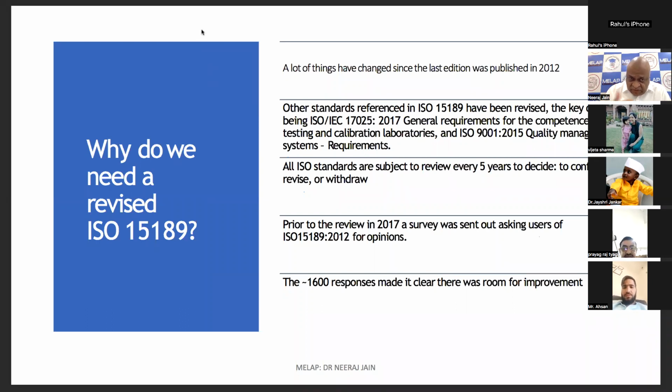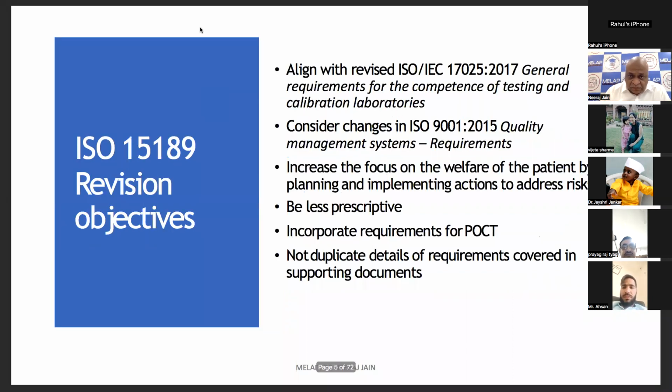I'm telling you just some background on how this new standard was developed. Then there were a few meetings. Then we had one ILAC meeting in Frankfurt at the end of October 2019.